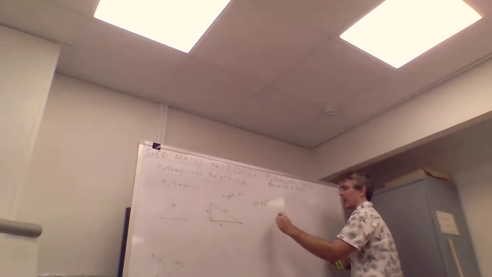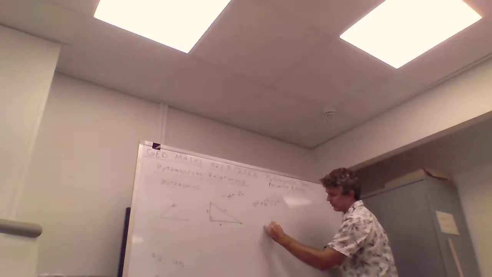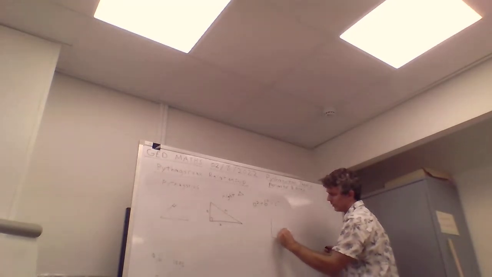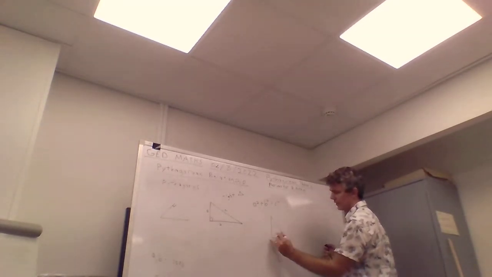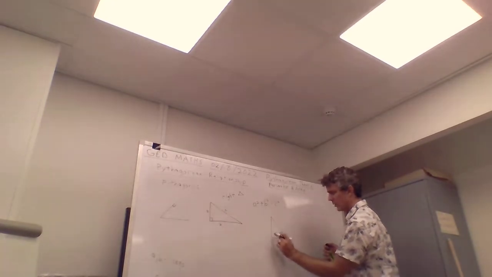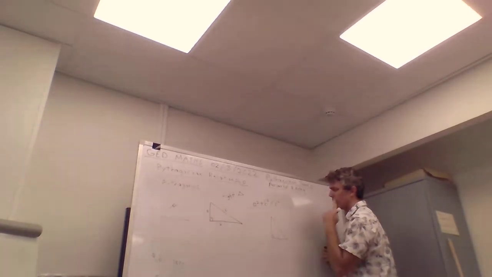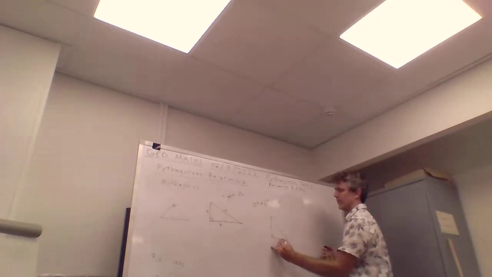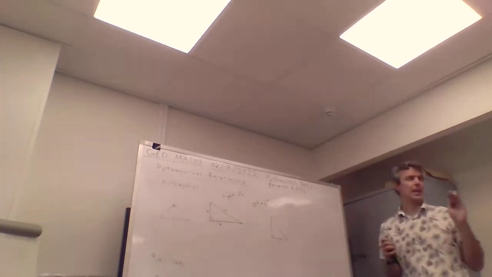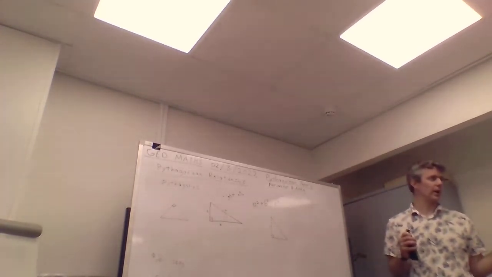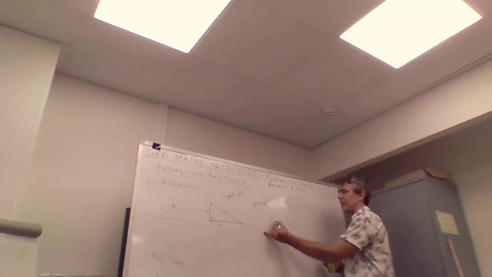There's one special kind of triangle you can have, an isosceles right triangle. That means it has a right angle and two sides are equal.